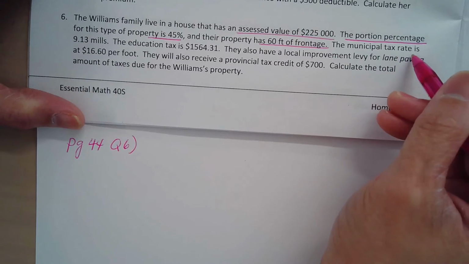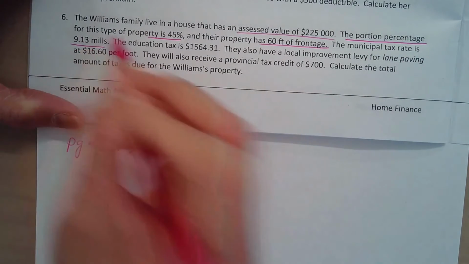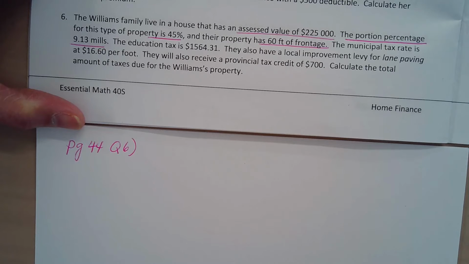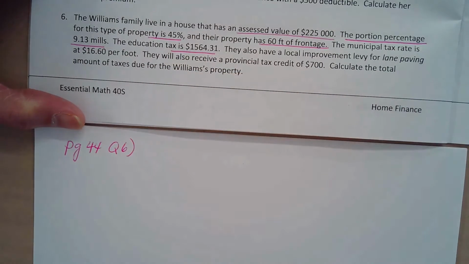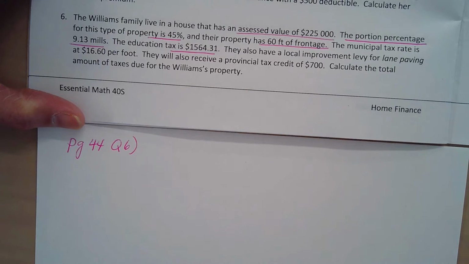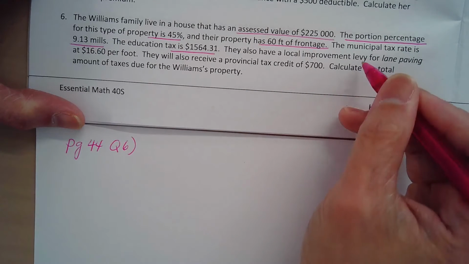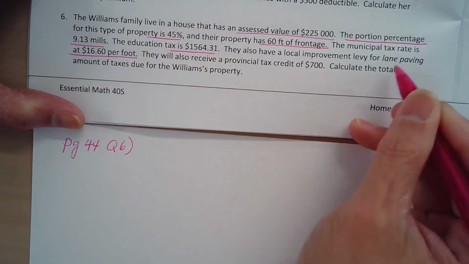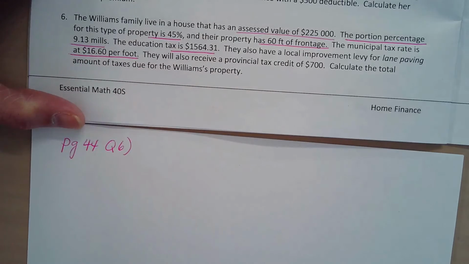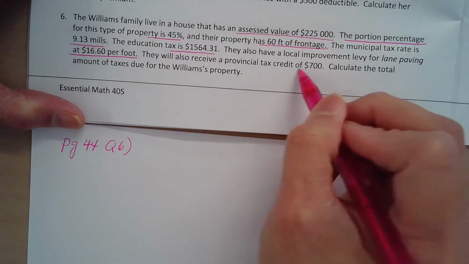The municipal tax rate is $9.13 mils, so per thousand. Education tax is already given, so we don't have to calculate. Local improvement levy is $16.60 per foot, already given to us, and we also receive a tax credit of $700.